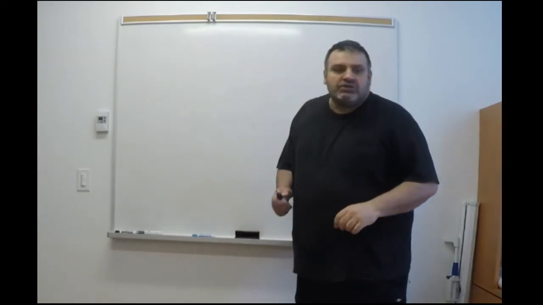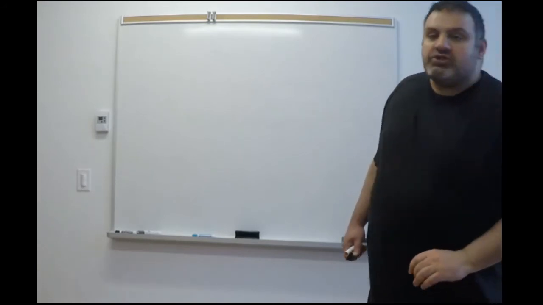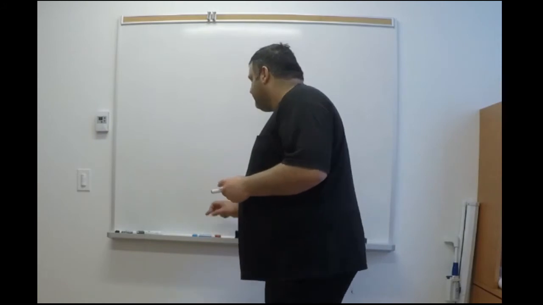Okay? So the third of these theorems that we're going to prove today revolves around the notion of what is known as the power set. So first of all, here's a definition.